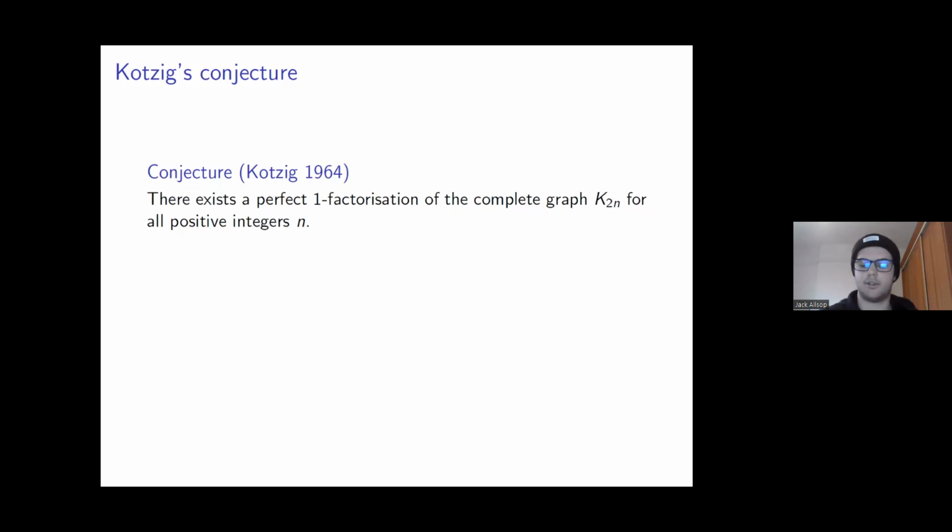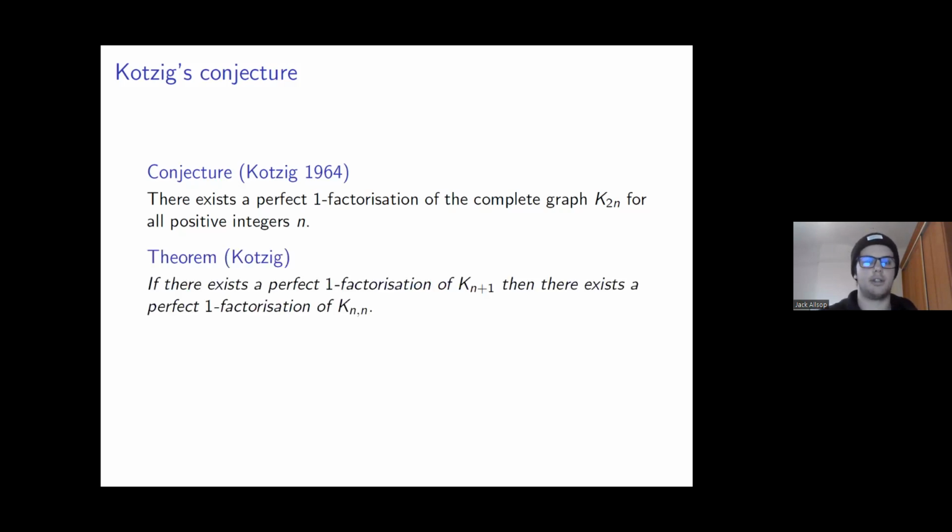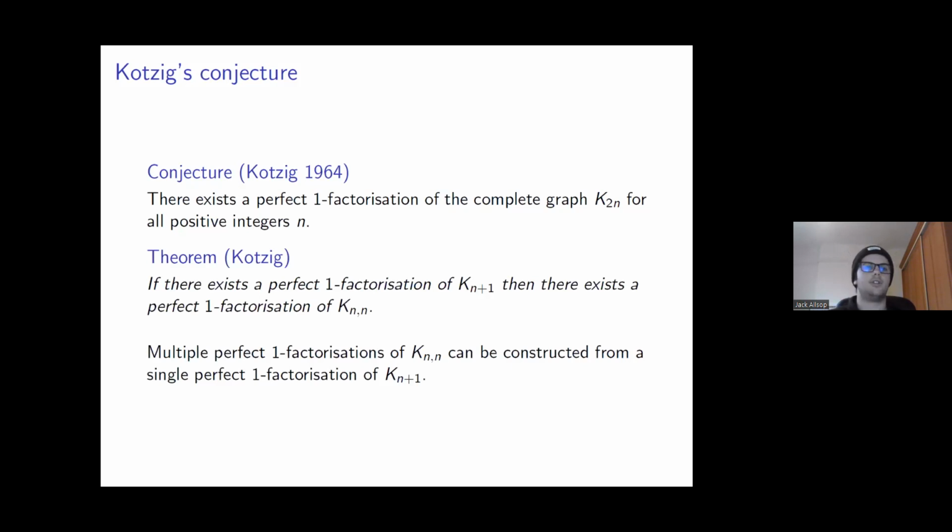It is related to perfect one factorizations of complete bipartite graphs by this theorem, which is also due to Kotzig, which says that if there exists a perfect one factorization of K_n+1, then there exists a perfect one factorization of K_n,n as well. And in fact, sometimes you can construct multiple different perfect one factorizations of K_n,n from a single perfect one factorization of K_n+1.